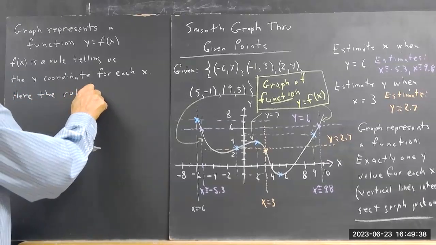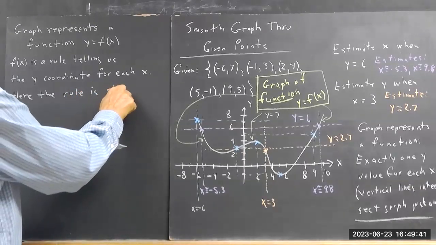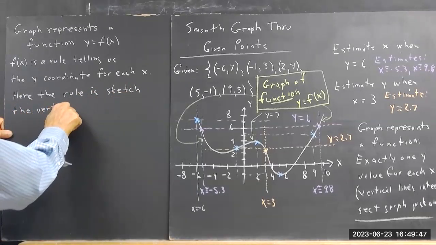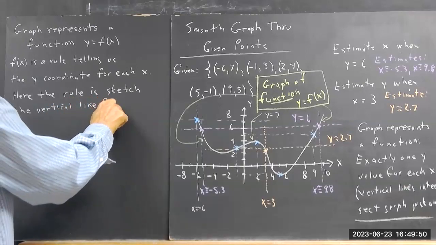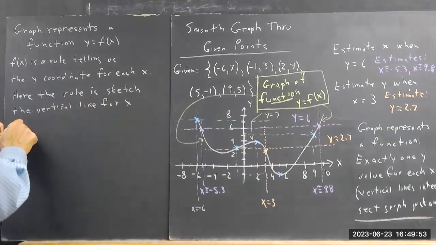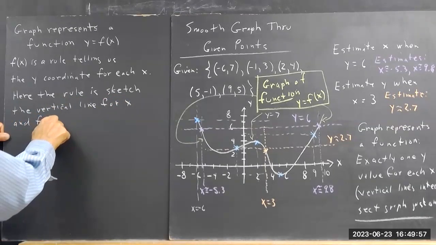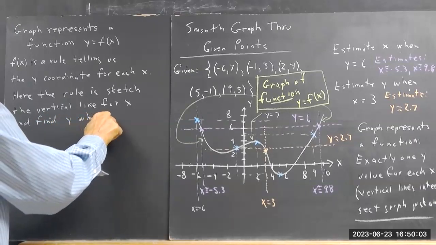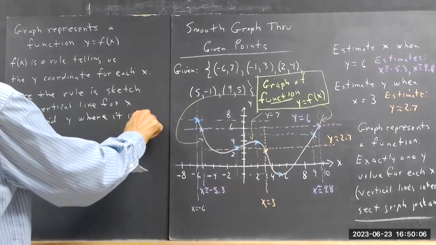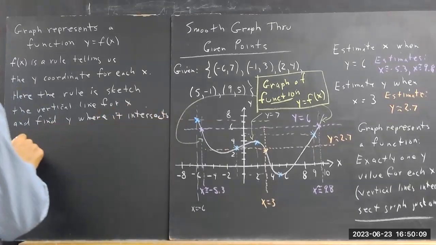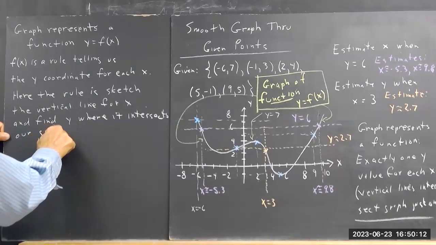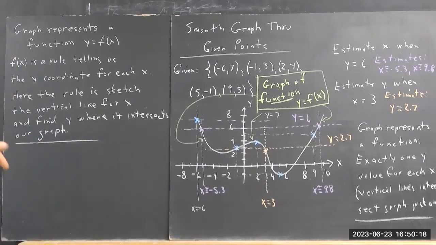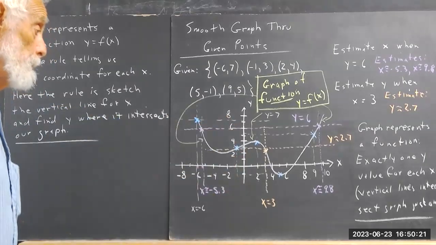Here the rule is: take the vertical line for x, and find the y value where the vertical line intersects our graph. Exactly what we did previously.